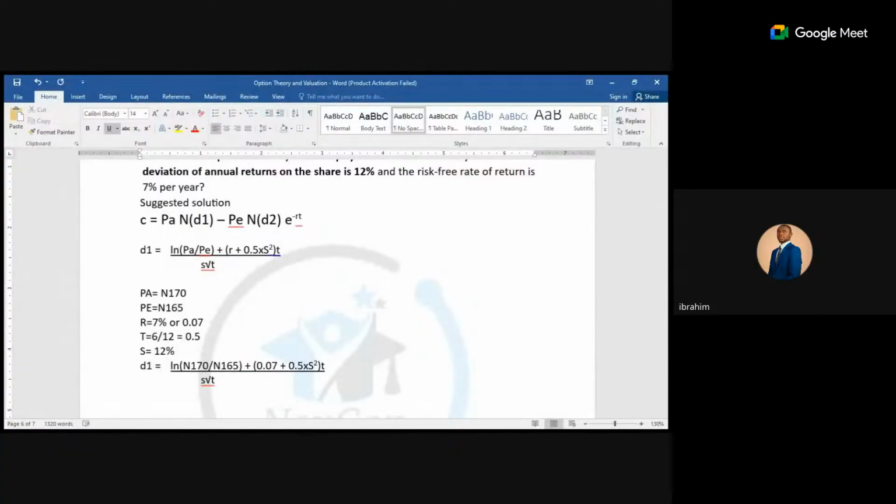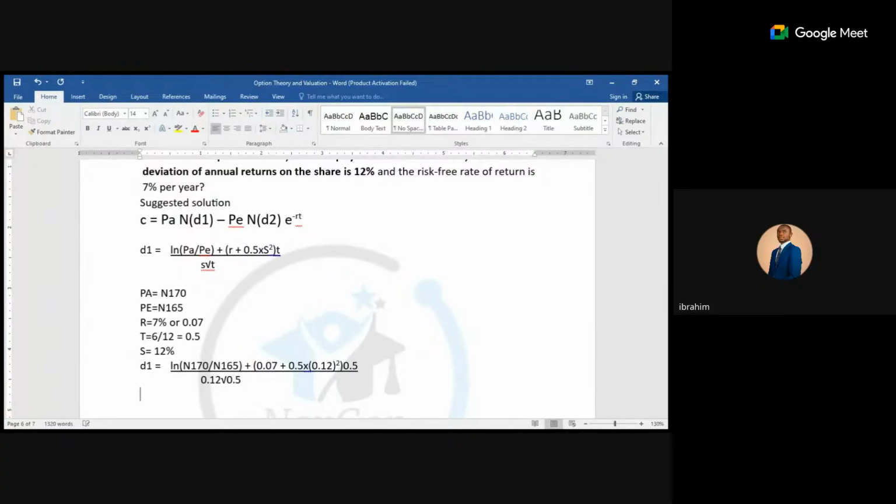The S is the standard deviation, 0.12. The T is the time, 0.5. So we have the standard deviation 0.12 and T is 0.5.